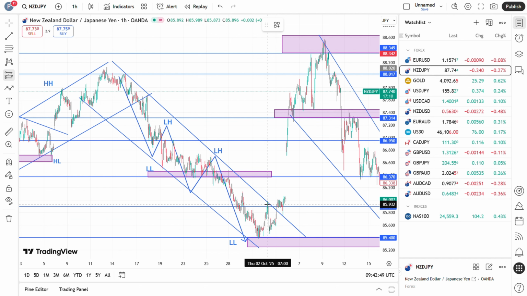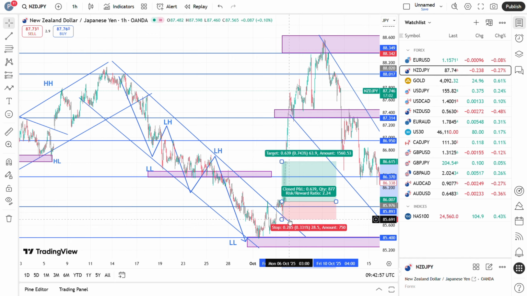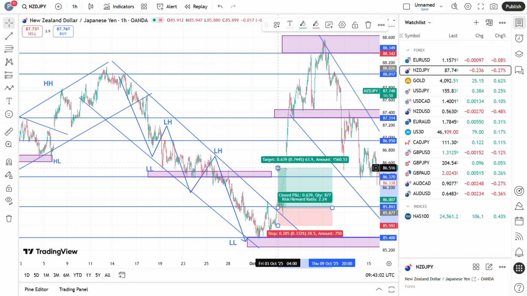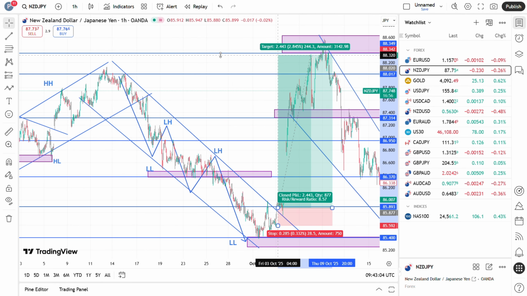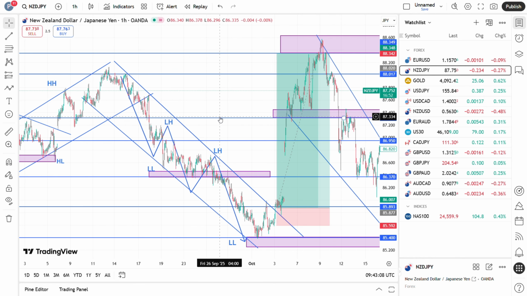Once it breaks out of that downtrend, that is the only signal for buys, because that means the market is changing direction. And as you can see, immediately after it broke out of that downtrend, the market shot straight up. Clean buys.